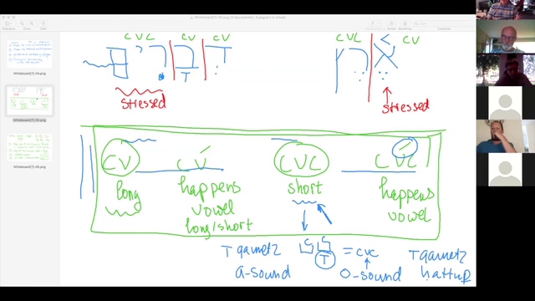Over here, open vowels, stressed, it can change. But when you have an unstressed syllable, CVC, then it's short, then the T symbol in the CVC is an O sound. I hope this helps. This was just a recap.